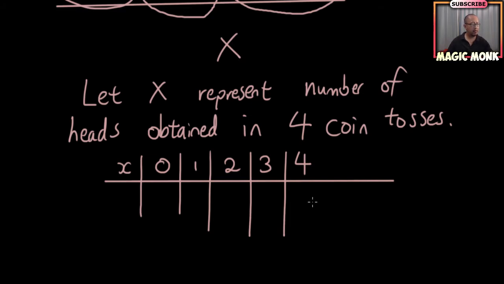Now, you can probably list all the possibilities out. It might take you a while, but you can. And you probably do that in the form of a tree diagram.